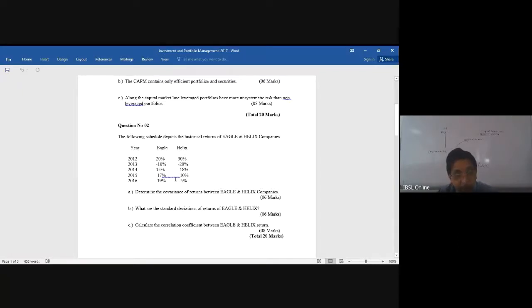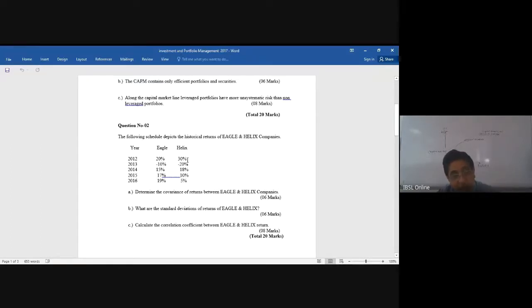Now, first of all, we need to calculate the covariance. In order to calculate the covariance, first of all, we need to get the average or mean value of these returns. So, how do you get the mean value of the returns? We are referring not to the geometric mean return, but the normal, arithmetic return. So, first we calculate the average return for Eagle and the average return for Helix.